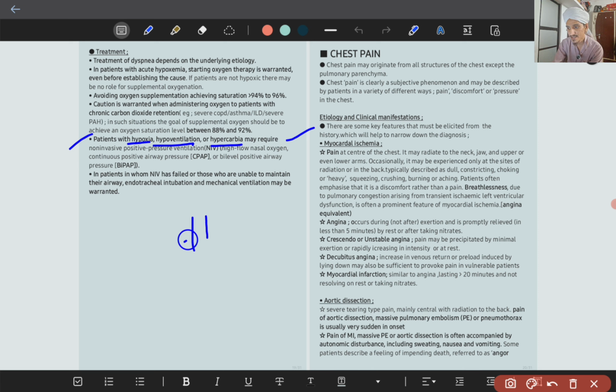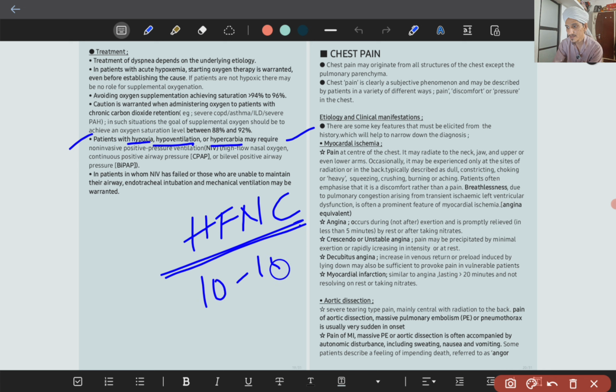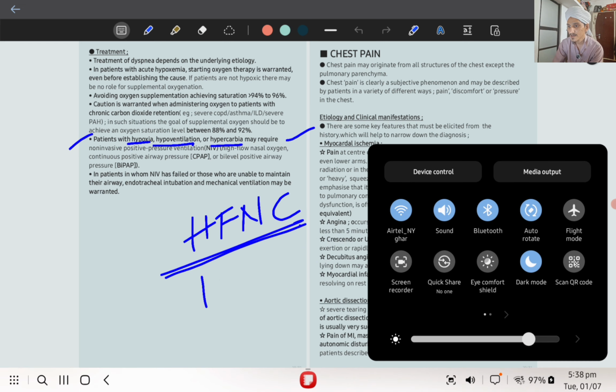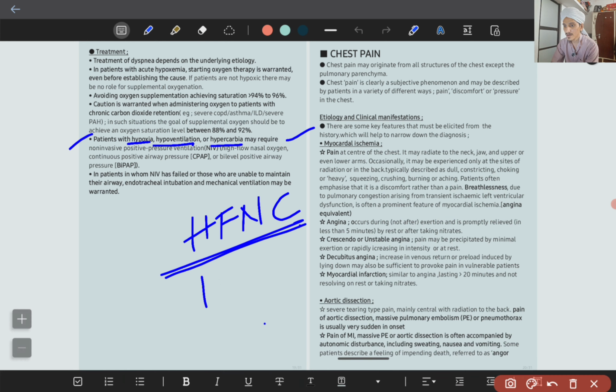HFNC we call it high flow nasal cannula. It can provide, I think, I don't remember properly, 10 to 15 liters per minute oxygen. So any patient who is having hypoxia, hypoventilation, or hypercarbia may require NIV, non-invasive ventilation, like HFNC, CPAP, and BiPAP.